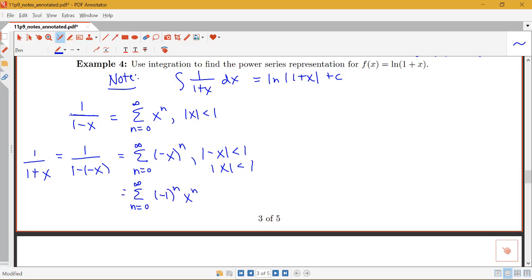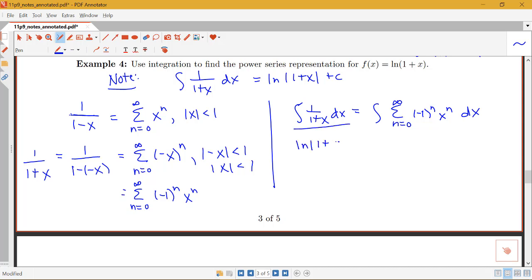Okay, so to integrate 1 over 1 plus x, I could integrate the sum from n equals 0 to infinity of negative 1 to the n x to the n dx. Okay, and since I know that this integral here is log of 1 plus x, that's going to help me get my series representation.